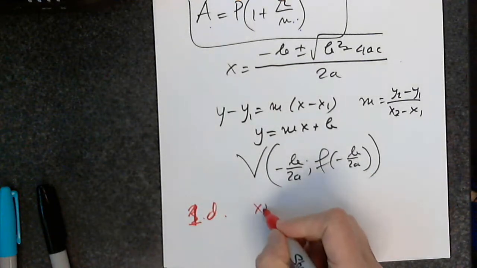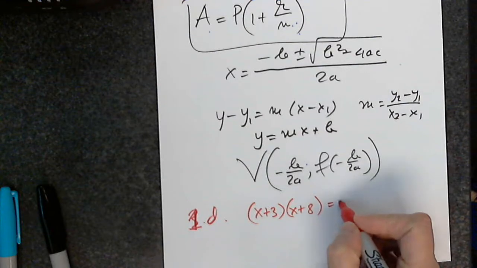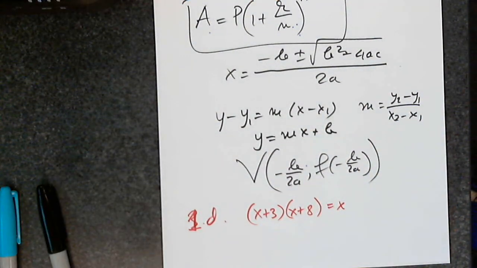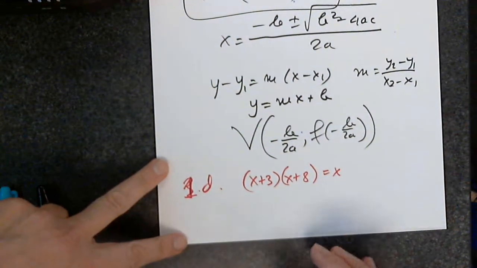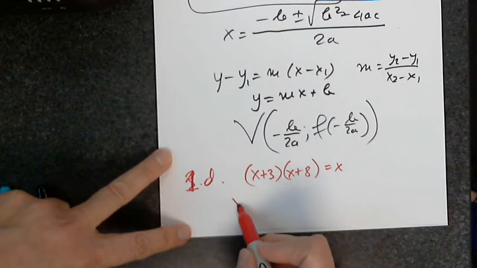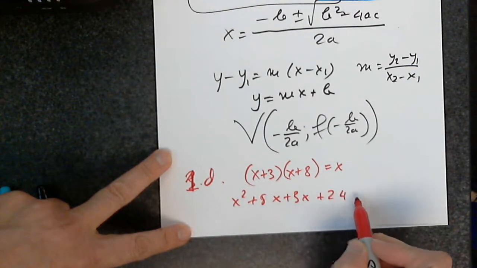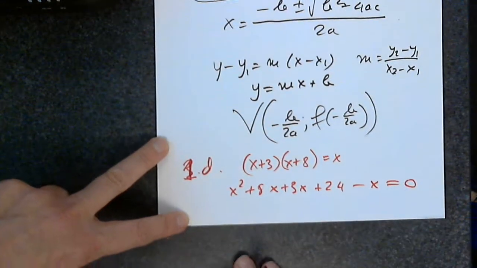Forgive me. So (x plus 3)(x plus 8) equals x. Good. So can anyone tell us how to solve this equation? On the test, what I did was I subtracted. Yes, I agree. So x squared plus 8x plus 3x plus 24 minus x equals 0.